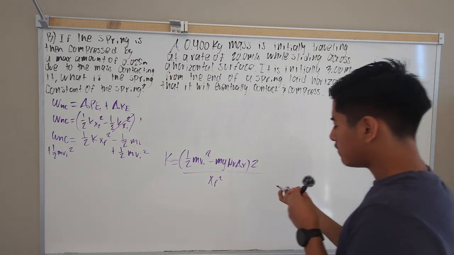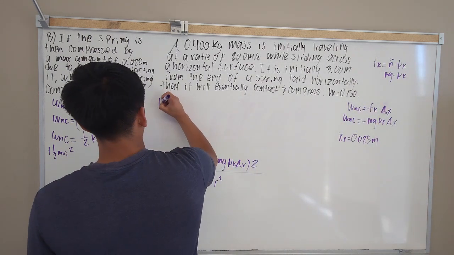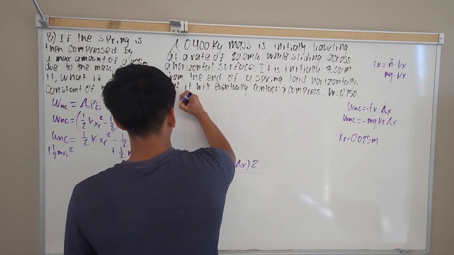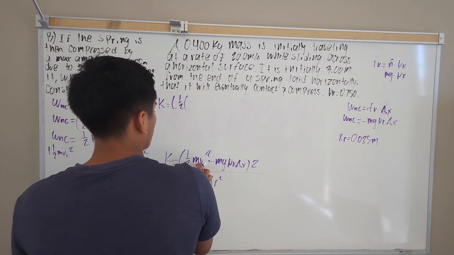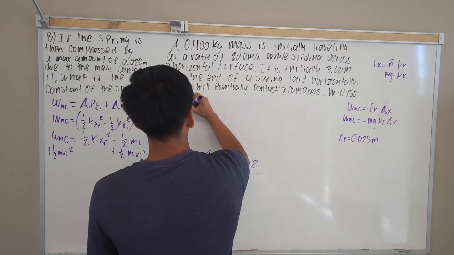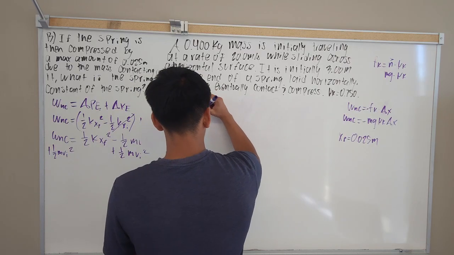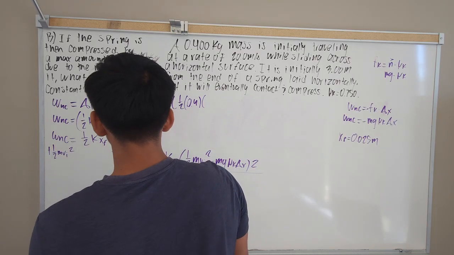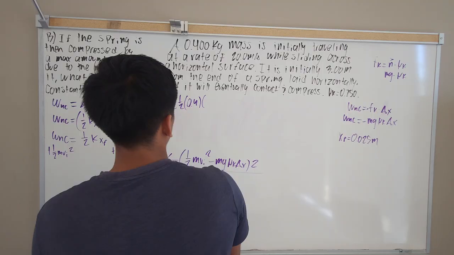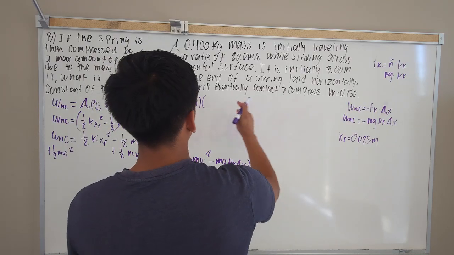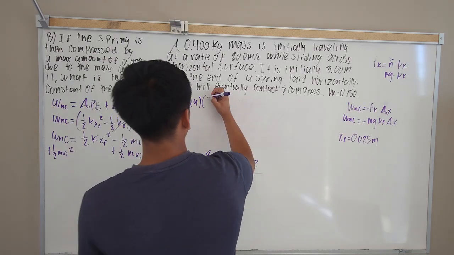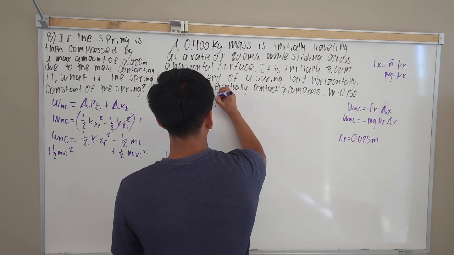So now plugging in all of our values, we will get that k is equal to 1/2 the mass, which is 0.4, times the velocity initial squared. The velocity initial is 20 meters per second.